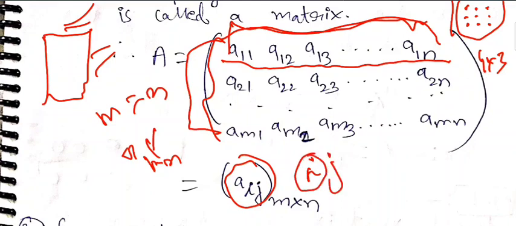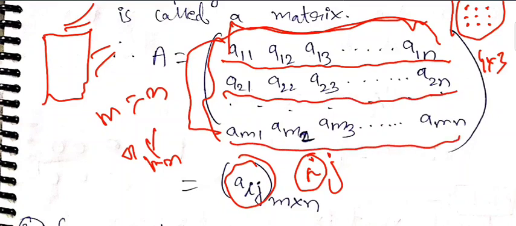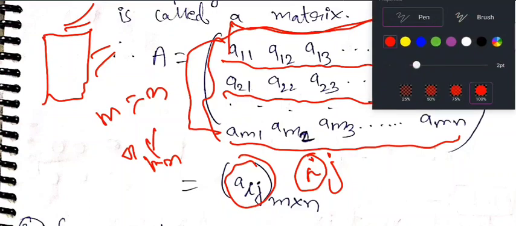So this i remains constant for horizontal rows, that is, for horizontal arrangement, this i remains constant, and for vertical arrangements, what will happen?